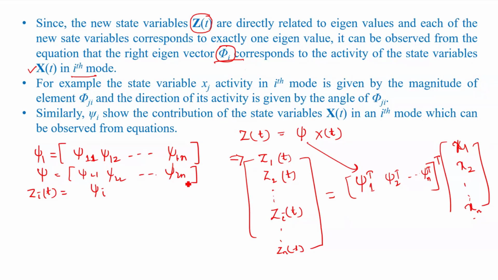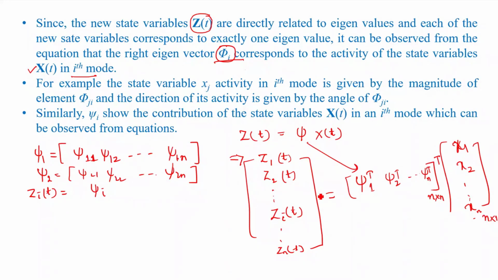Okay, so now if I write this z_i(t), it will become psi_i, this is of size n by n, this is n by 1, right?